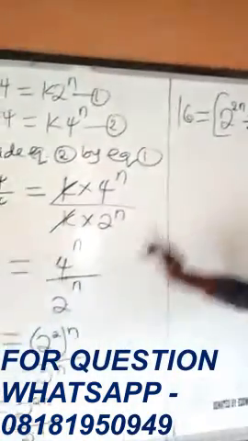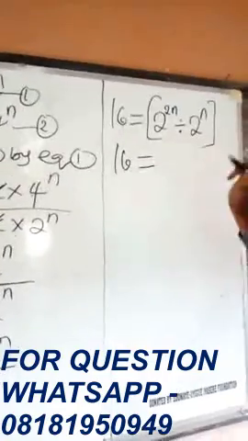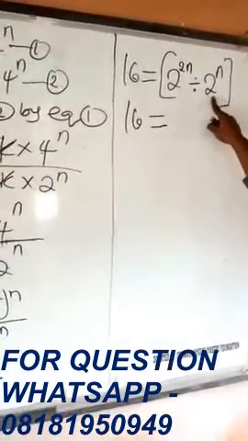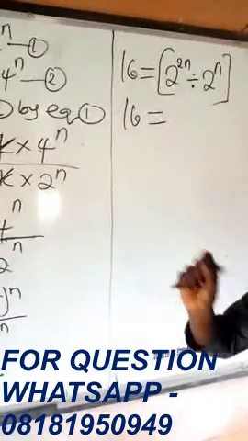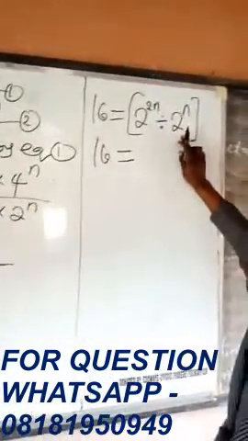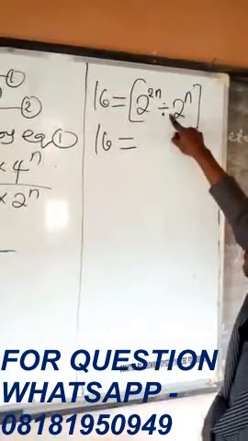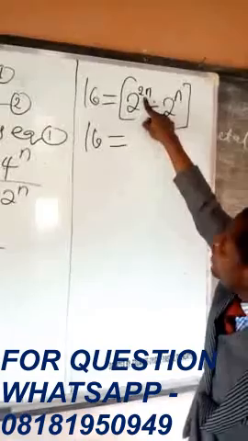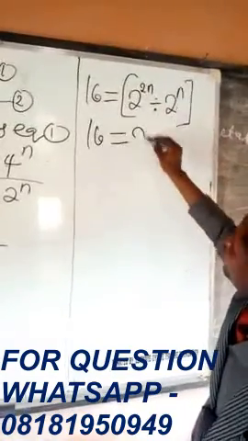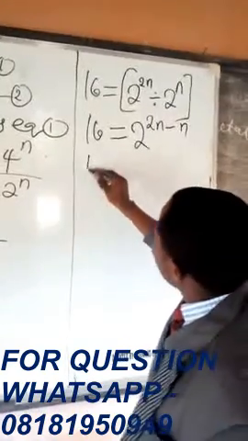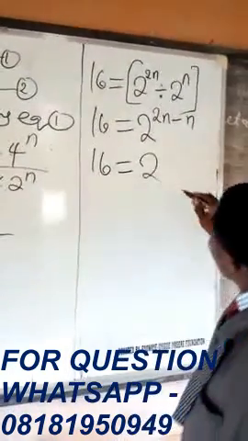Now, there is a law in indices as well, that when you have the same base and it's division, you minus the power. So 2 here, this is the base, 2 here, this is the base. And there is division. Assuming here was multiplication, I will add the power. The power here is 2n. The power here is n. So I will say 2n minus n, and I have 16 equals to 2 raised to power 2n minus n.